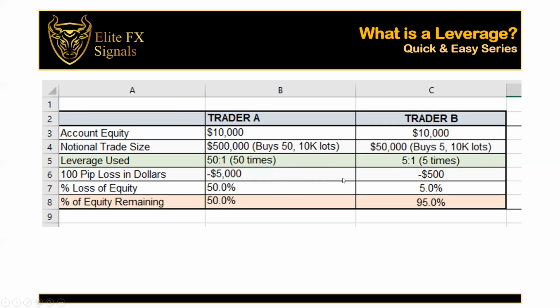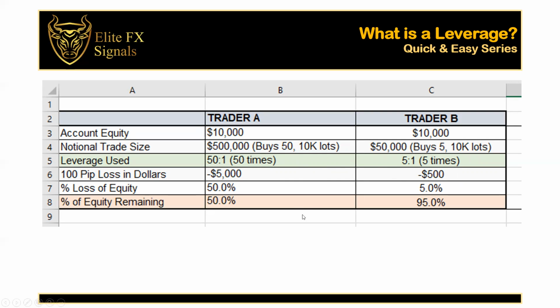So look, both of them losing 100 pips had a huge difference in the impact on their accounts. Trader A, who used an excessive leverage, is losing half his account with just one trade, so he's losing 5K, while trader B only loses 5%, so he's losing $500.